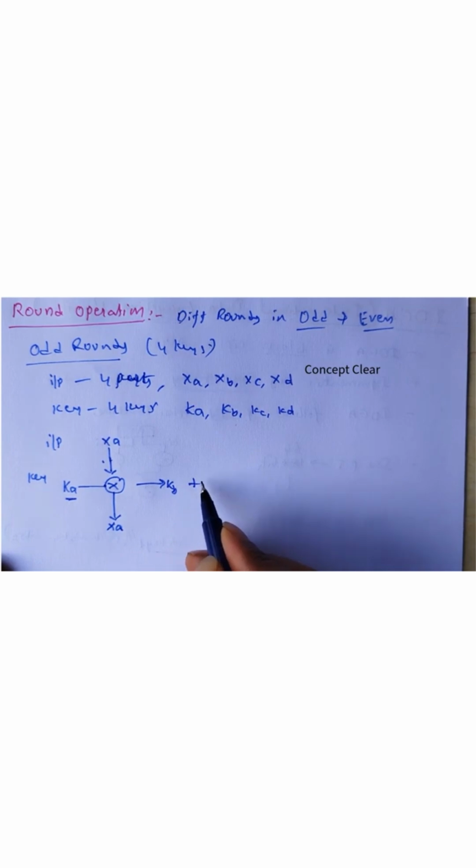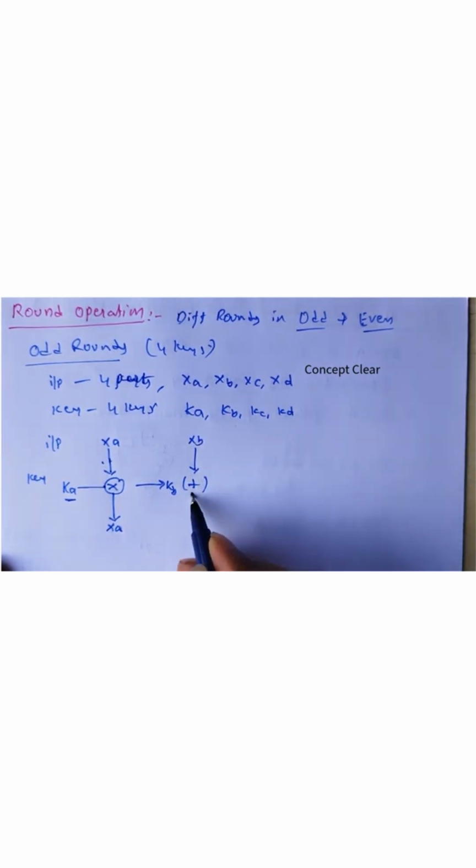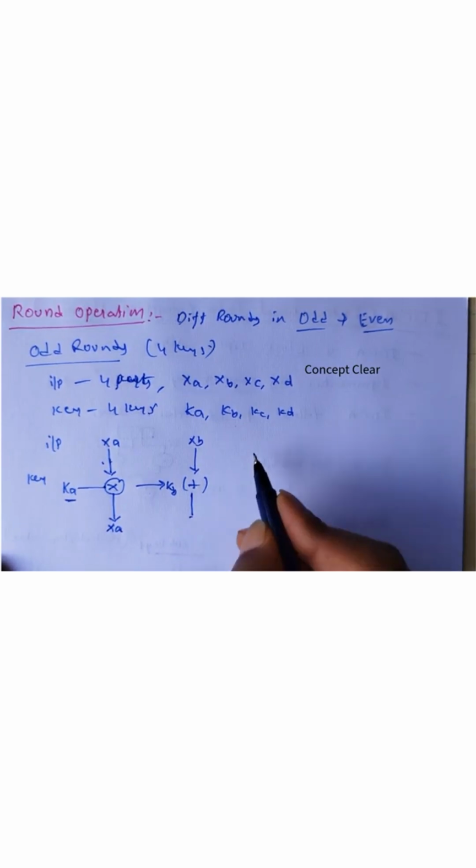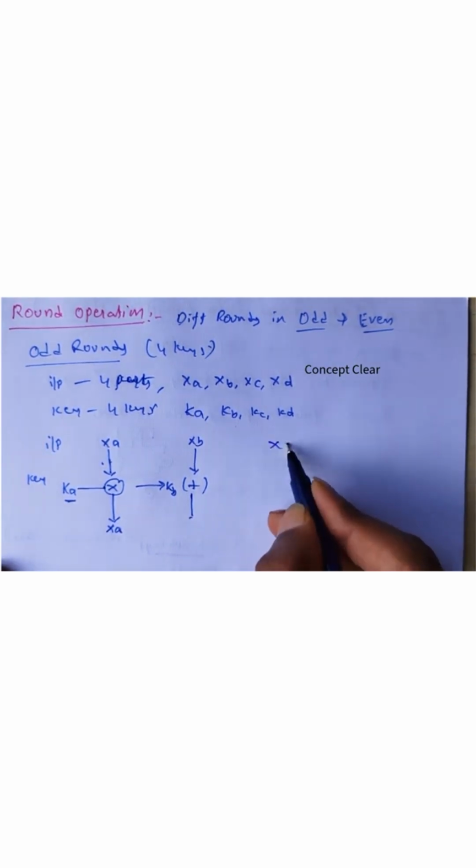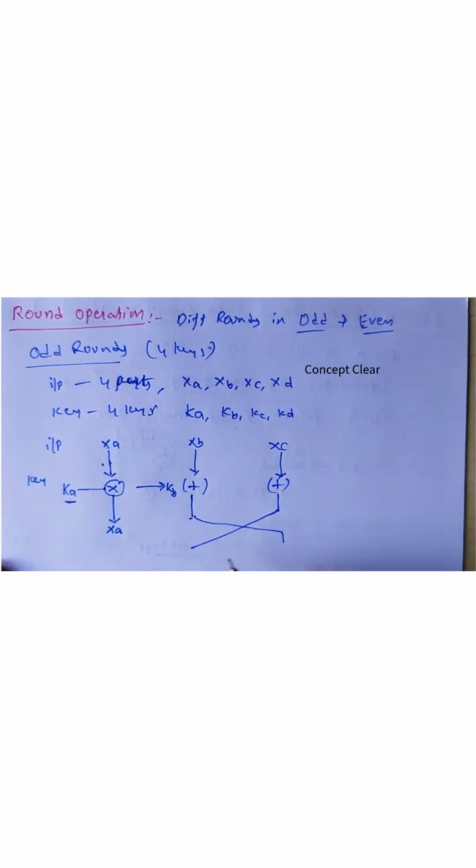Key performed XOR operation with XB, generated XC. Here also XC performed XOR operation, and it will generate XB. Both will be swapped.